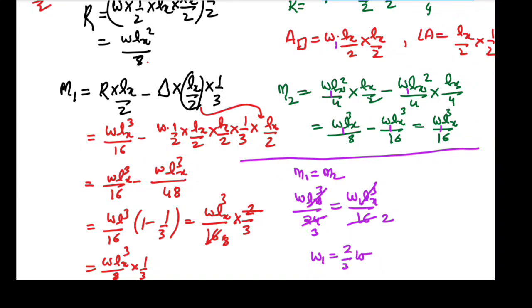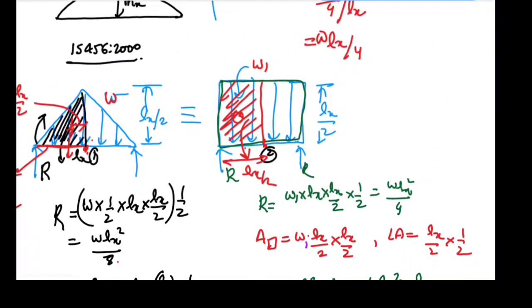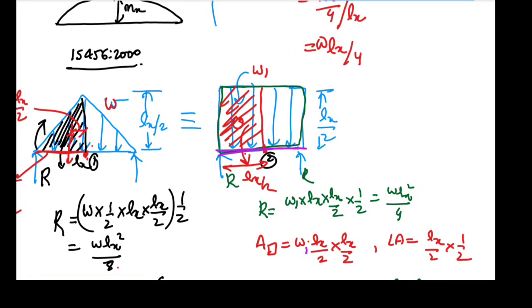Okay. Now this is the area loading. Both of these W's are in kilonewton per meter square. So what we need is this loading on this beam in terms of kilonewton per meter. To convert that into kilonewton per meter, we have to multiply by the width of the slab, which is Lx by 2. So if W1 is equal to 2 by 3 of W, what will be the W2?